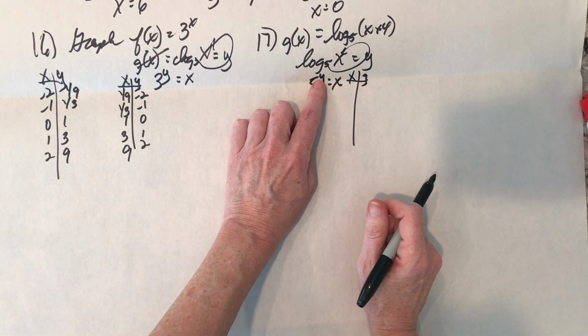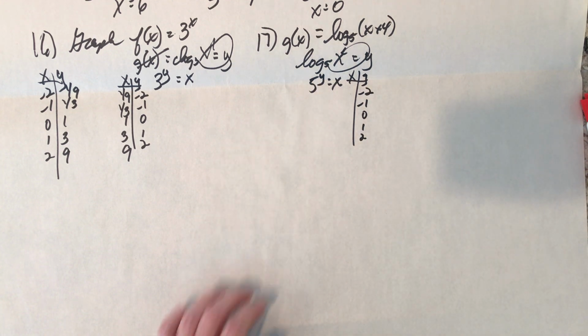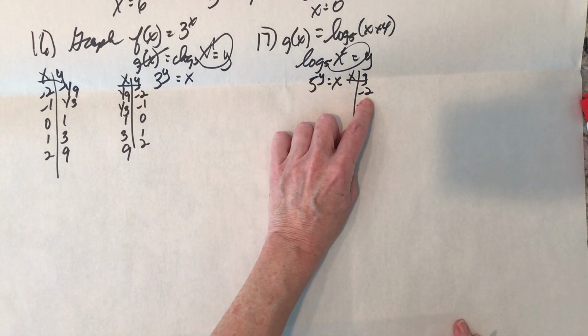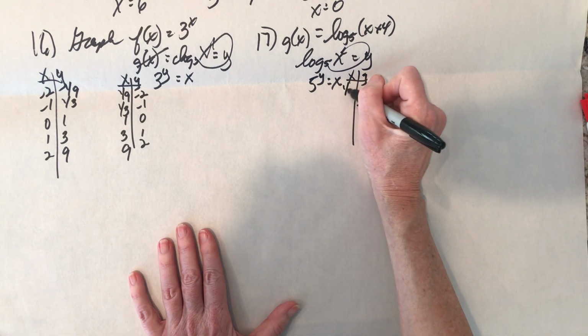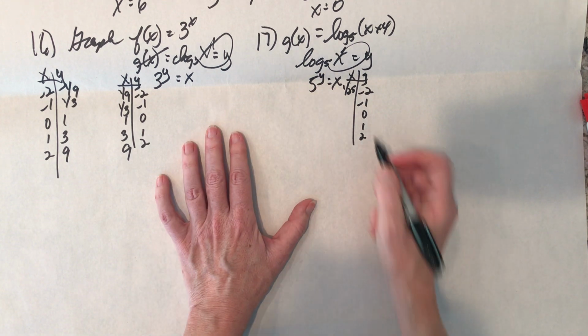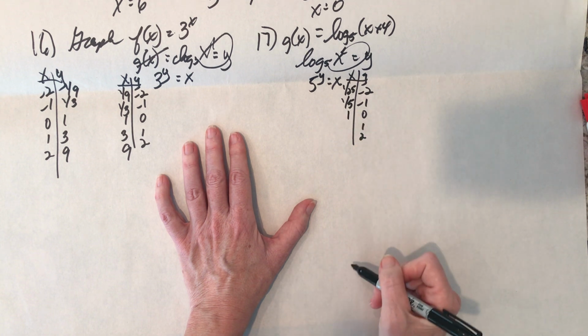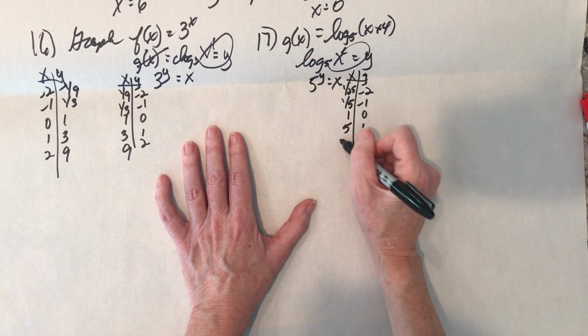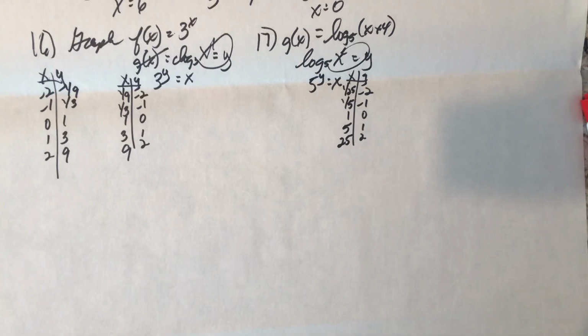Anytime the exponent is a y, we're going to put our little numbers over here. So 5 to the negative 2, negative moves it downstairs and then square it. So that'll give us 1 over 25. 5 to the negative 1 will be 1/5. 5 to the 0, 5 to the first power, and 5 to the second power.